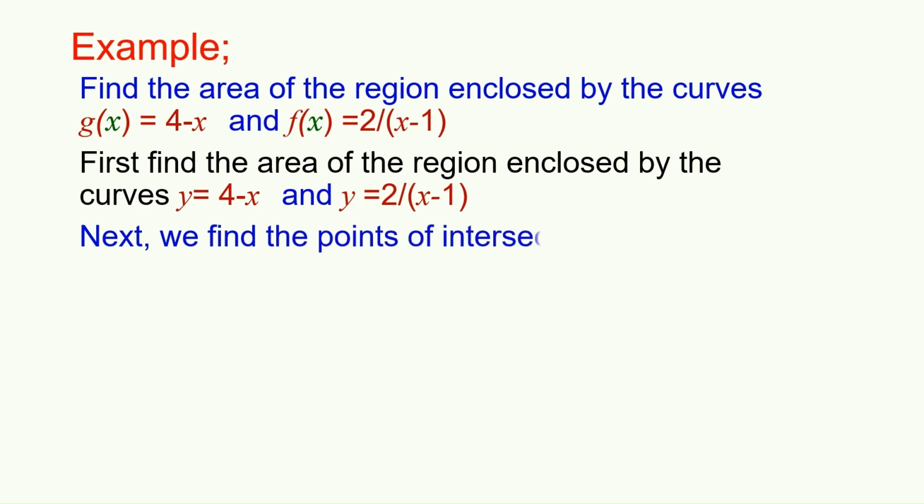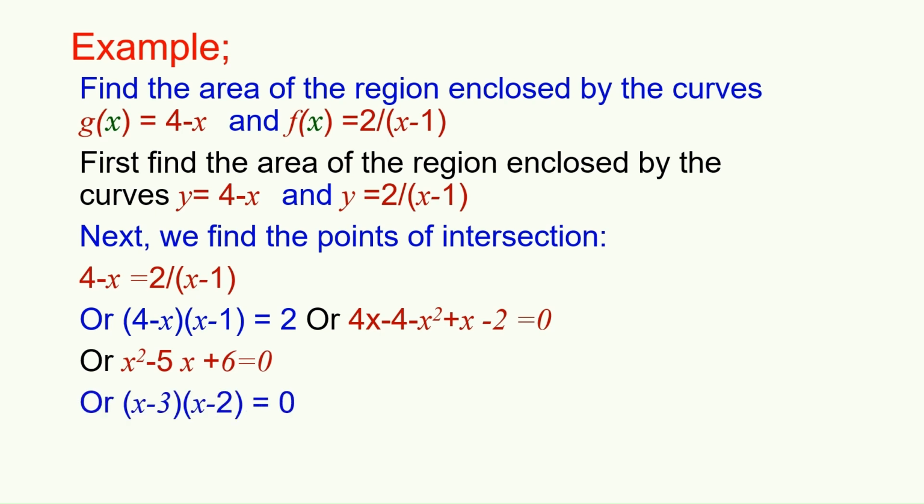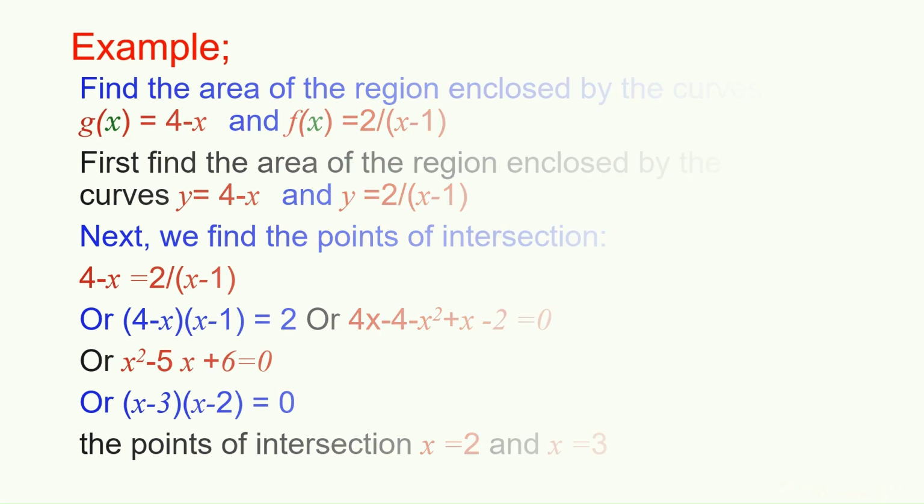Next, we find the points of intersection for 4 minus x equals 2 divided by (x minus 1), or for (4 minus x) times (x minus 1) equals 2, or 4x minus 4 minus x squared plus x minus 2 equals 0, or x squared minus 5x plus 6 equals 0, or (x minus 3) times (x minus 2) equals 0. The points of intersection are x equals 2 and x equals 3.